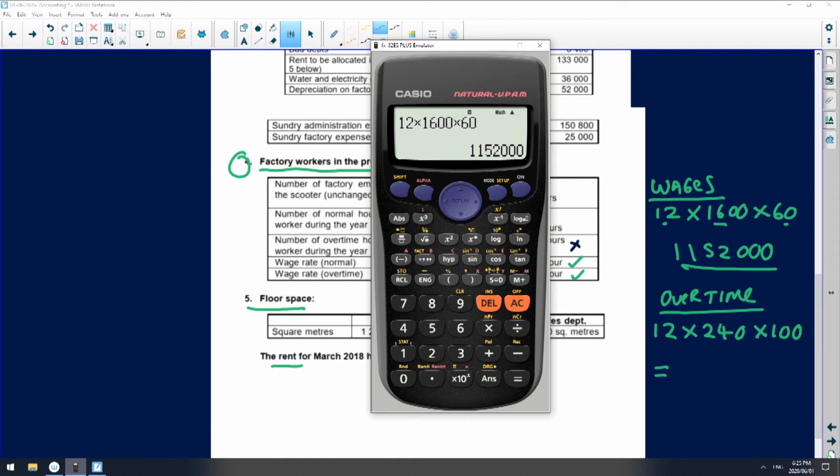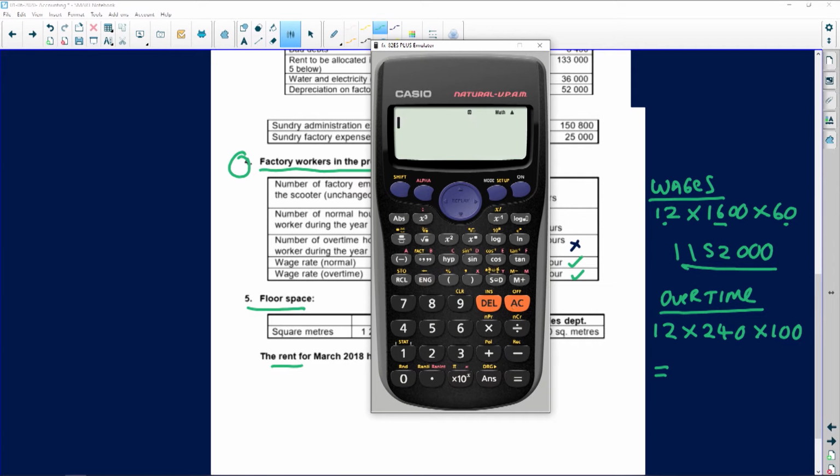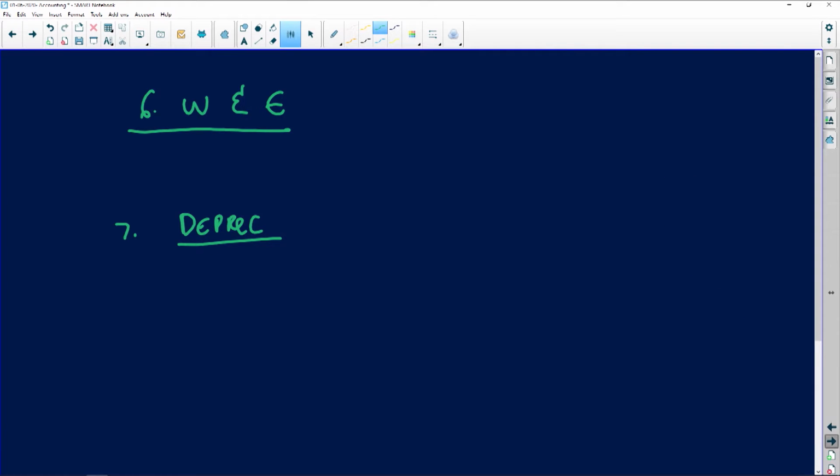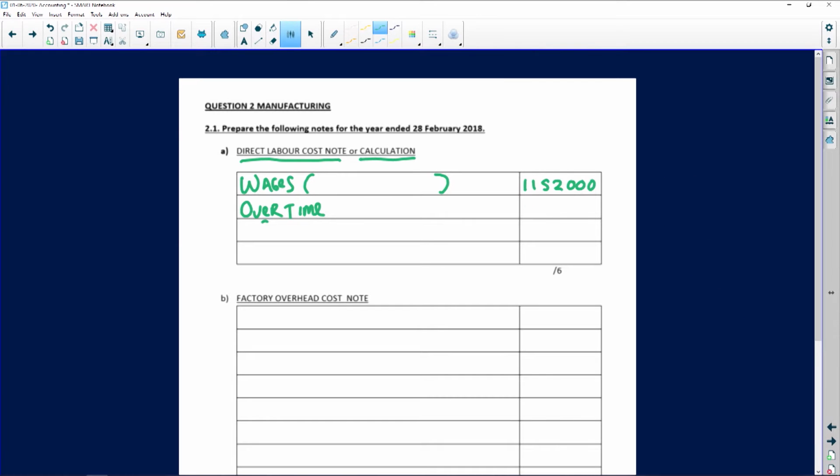So let's get that out and let's do the calculation. So 12 times 240 times 100, and the cost for overtime, an amount of 288,000. Okay, so again, let's take that through to our actual answer sheet, 288,000. And again, I'm reminding you guys, you've got to show me the calculation in brackets.